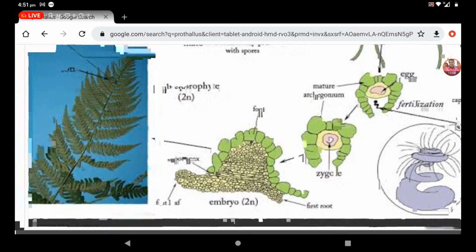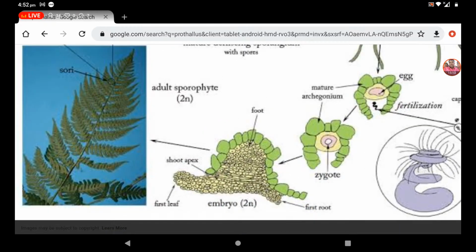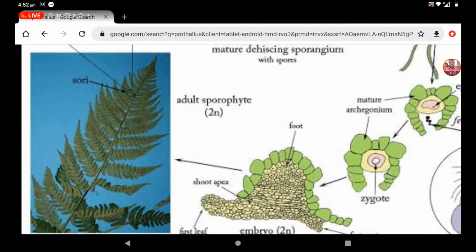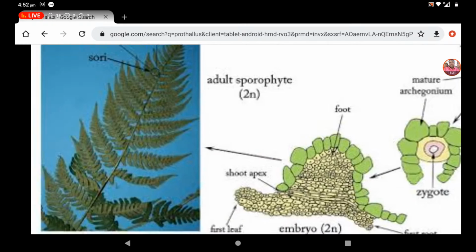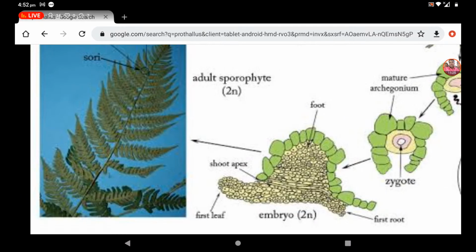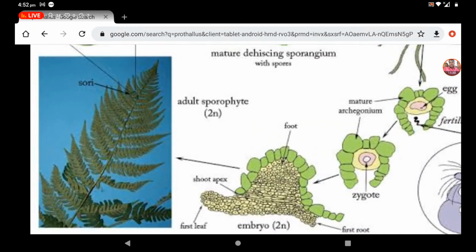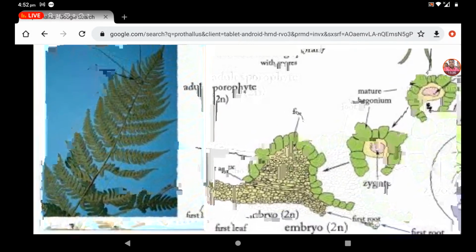That embryo is again further divided and forms the Sporophyte, a completely developed Sporophyte. The adult Sporophyte is found here, which possesses true root, stem and leaves. True root, stem and leaves are possible for the first time in the Teredo. The Sporophyte of Teredo first time exhibits true root, stem and leaves.